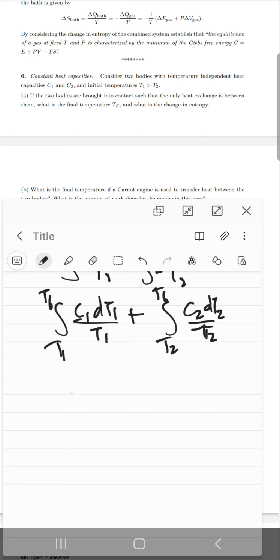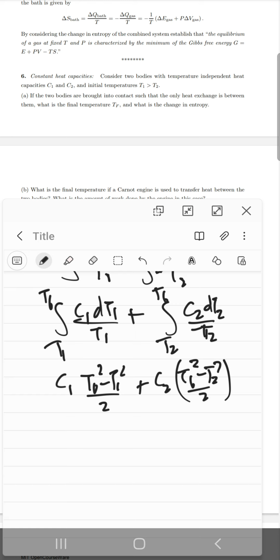So essentially just have c1 times tf squared minus t1 squared upon 2, plus c2 times tf squared minus t2 squared upon 2. That's the thing, right? So it gives us 1 upon 2 common, and then c1 tf squared plus c2 t.